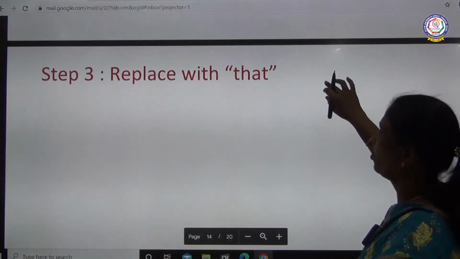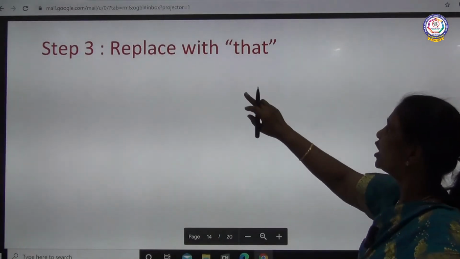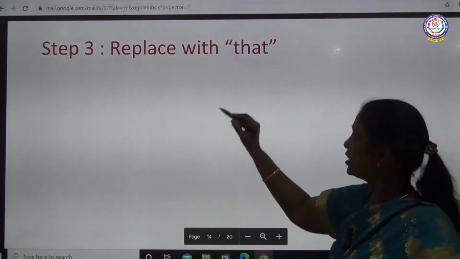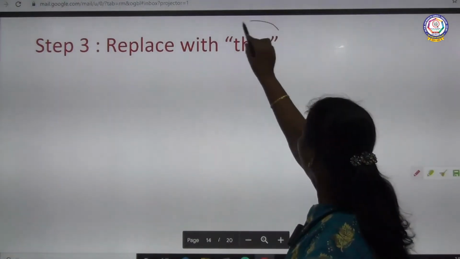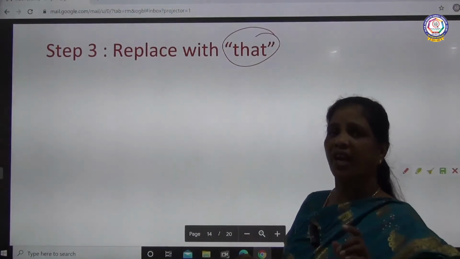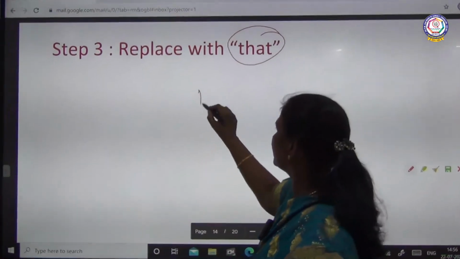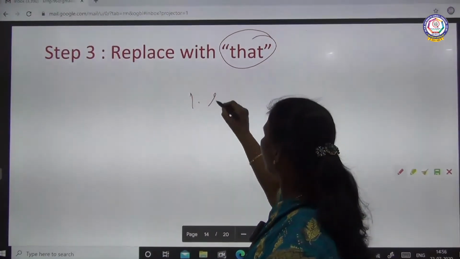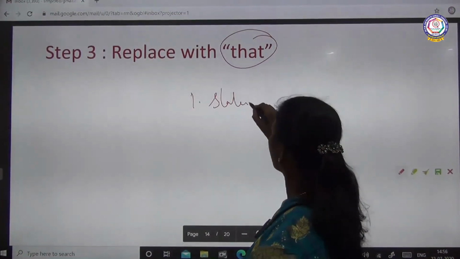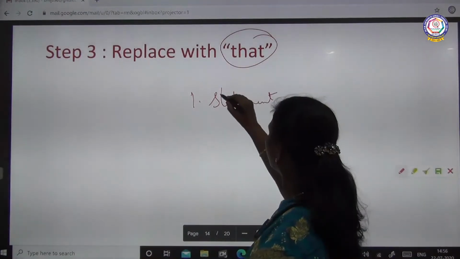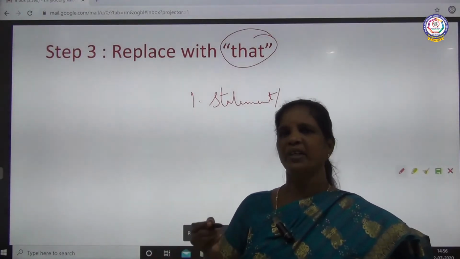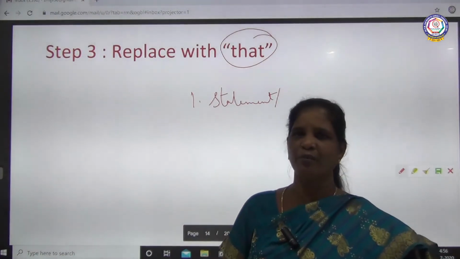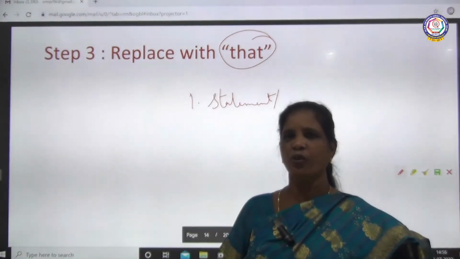Okay, third step, what is that? You will replace that. So here it is a conjunction. You will not use only that. You have other conjunctions also. You have one person, three names, isn't it? The same person is called one name at home, some other name in school, and your friends will be calling you with pet names. You have three names.